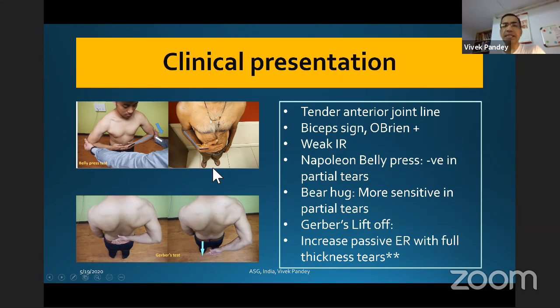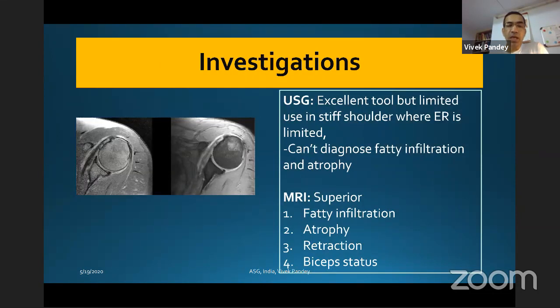And in a complete full thickness tear, often when you do the external rotation, as compared to the normal side, there will be extra external rotation. So if you find all these signs plus extra external rotation on one side, you should suspect type 4 and above tears.